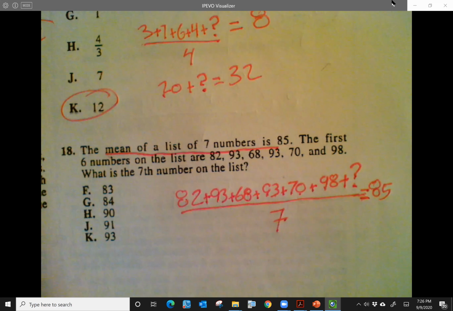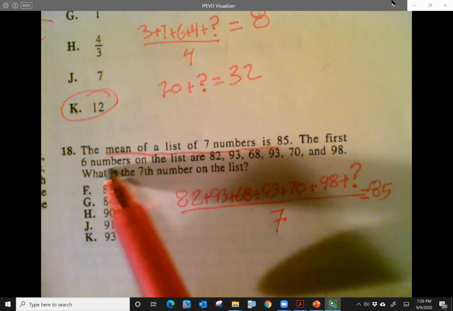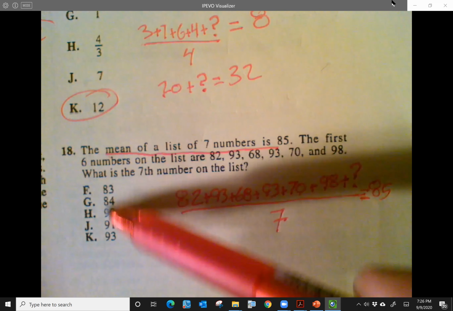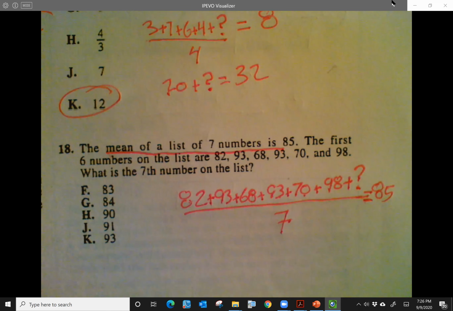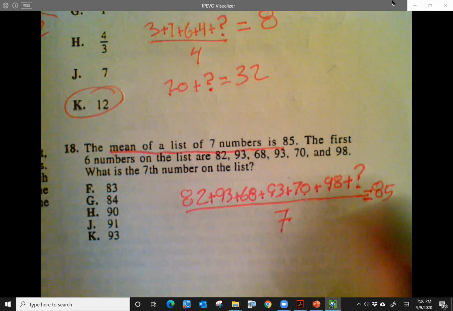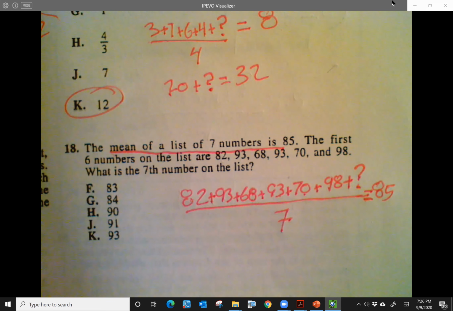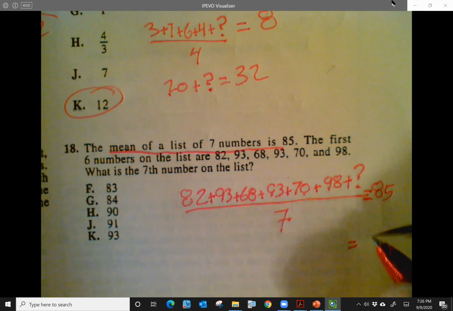So there's a couple ways to do this. Since we're provided answers, we could start plugging in numbers to see what we get. We could do algebra, right? I could multiply both sides by 7 and say 85 times 7 is 595.